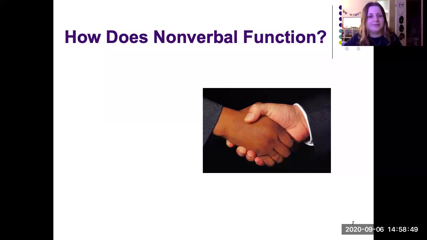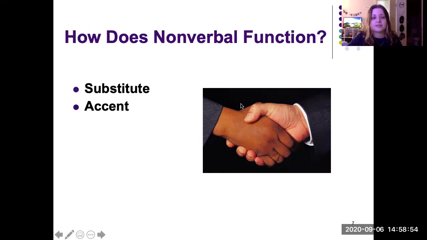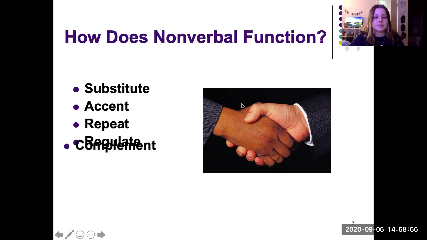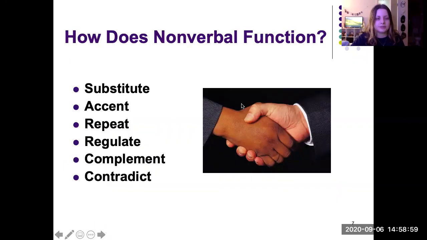Sorry about that. So getting back into it, how does nonverbal function? We went over this earlier a bit. I would also recommend going into the textbook and looking up the definitions and the examples, because these are a bit complicated, especially since some of them are very similar, especially ones like complement and accent.